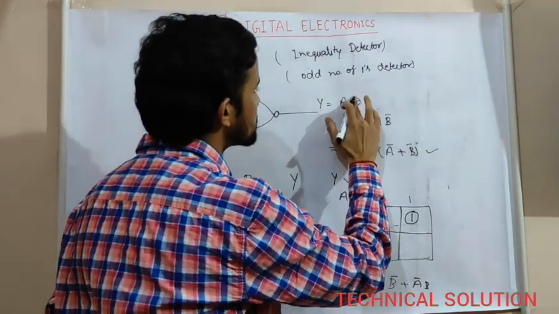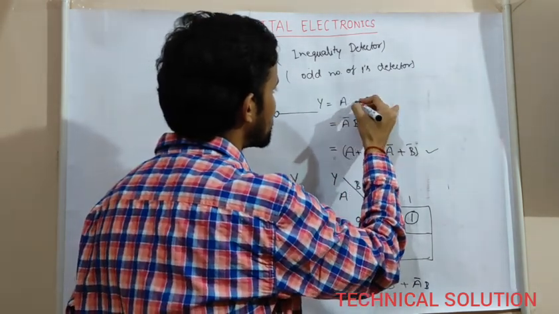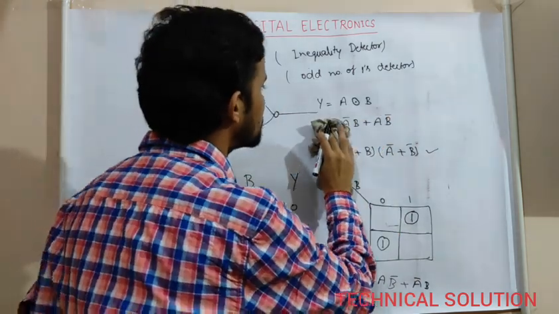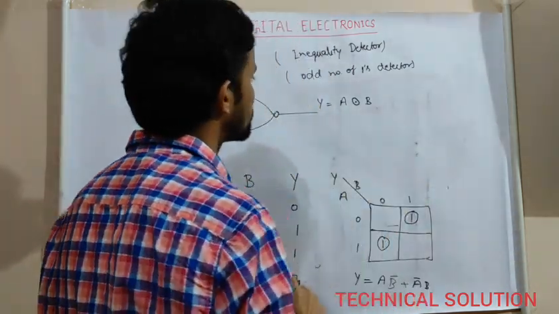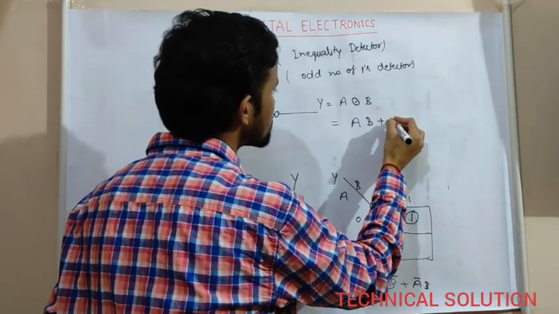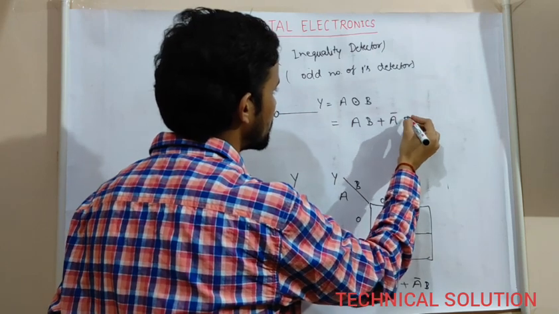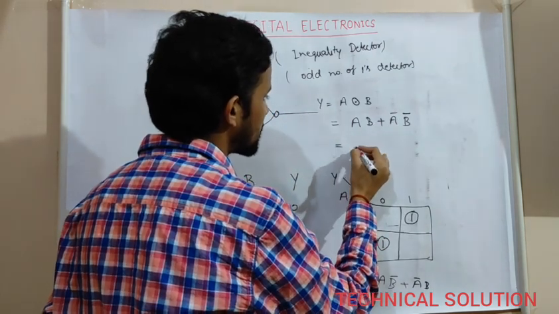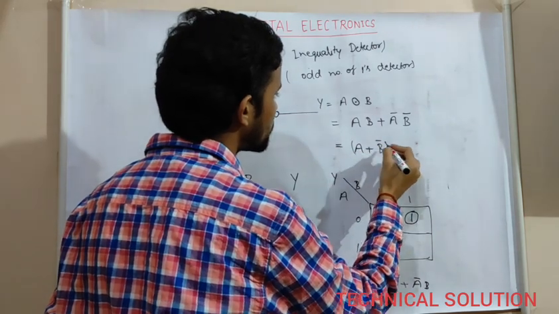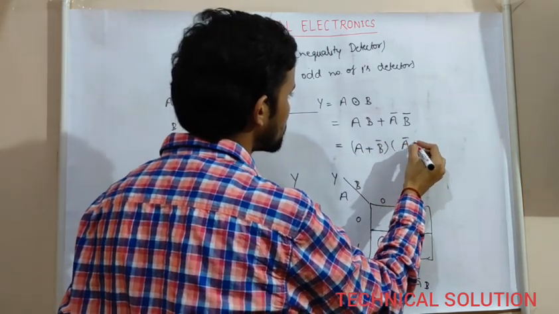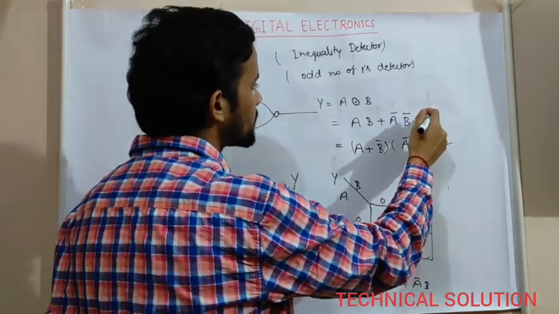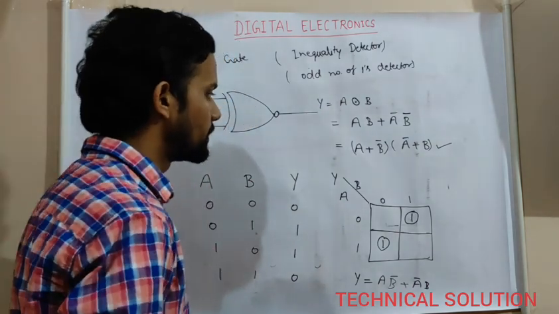Here it is represented by A XNOR B, and this is also given as AB plus A bar B bar, or this can also be given as A plus B bar into A bar plus B. If you solve this expression, then we get AB plus A bar B bar.